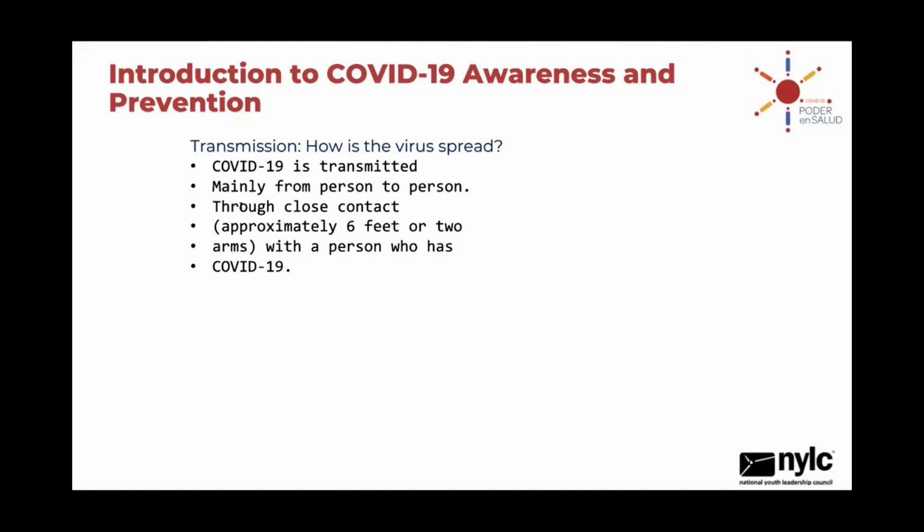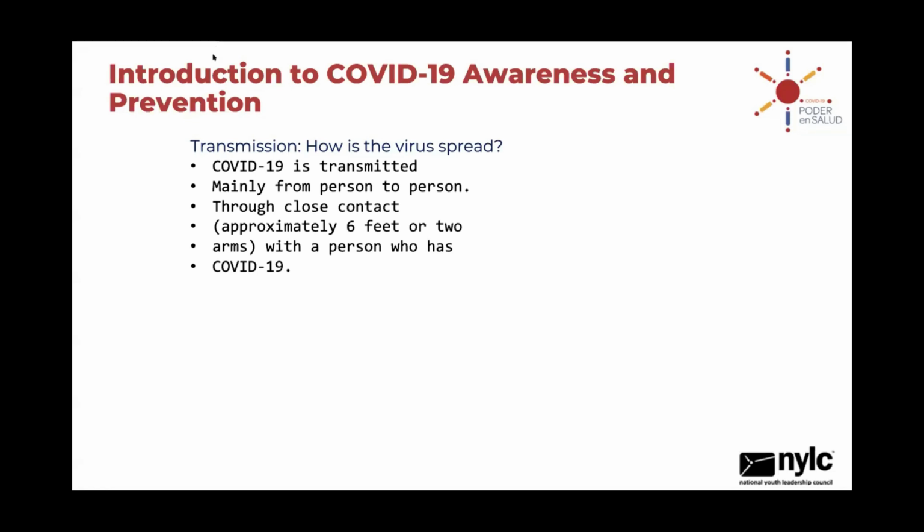As we know, COVID-19 is a respiratory virus, or a virus that is easily spread. In terms of transmission, COVID-19 is transmitted mainly from person to person. So Victor, you are correct. This happens through close contact, specifically 6 feet or less. If you are at a coffee shop, let's say, standing in line to buy your drink, most of the time you aren't standing the full 6 feet apart from the person in front of you.